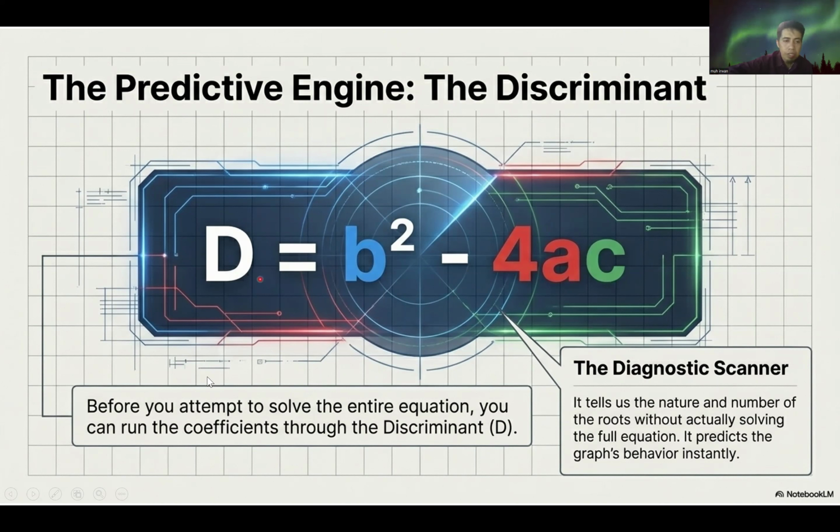Before we attempt to solve the entire equation, we can check the discriminant. What is the function of the discriminant? It tells us the nature and number of roots without actually solving the full equation. It predicts the graph behavior.